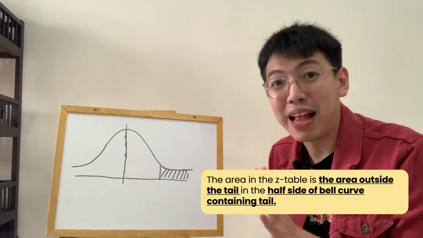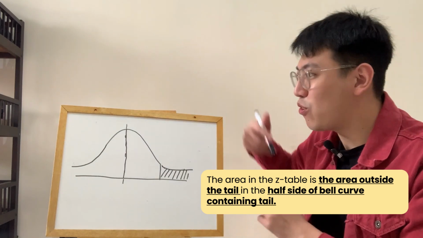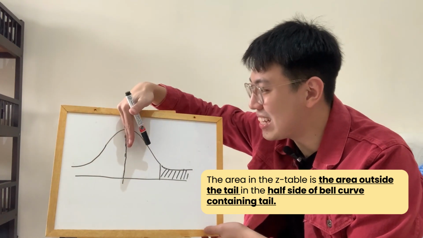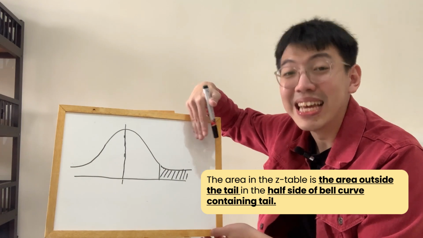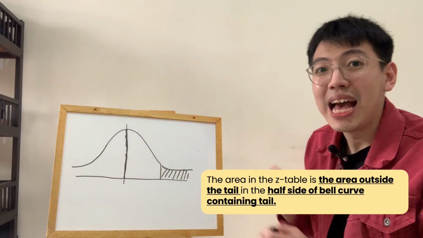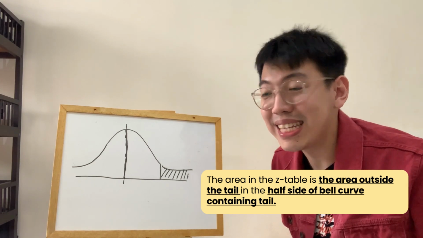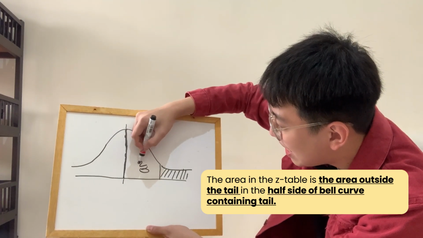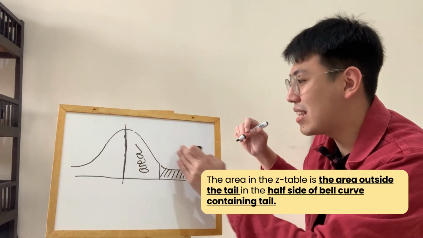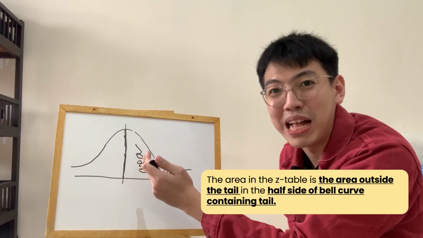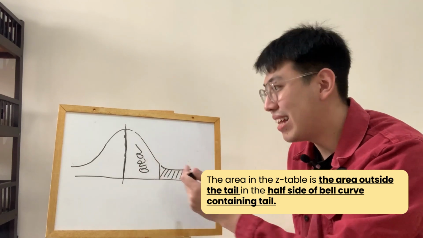In this bell curve, the tail is located in the first part or in the second part? In the second part. So just see this, the area outside the tail. It means this is the area outside the tail in the half side of the bell curve that contains the tail.